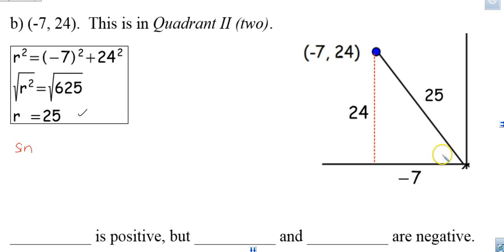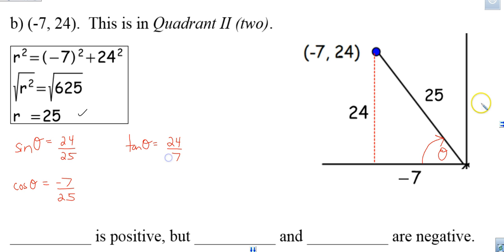Again, the angle that we're evaluating here is from the x-axis to the terminal arm. So sine of theta would be opposite over hypotenuse, which is 24 over 25. Cosine theta is adjacent over hypotenuse, negative 7 over 25. And then tangent theta is opposite over adjacent, so 24 over negative 7.